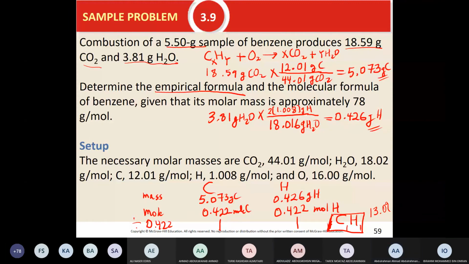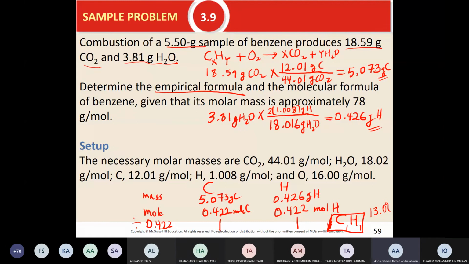Clear? Yes. Are you following? Yes. Okay. Now, how am I supposed to know if it was carbon and hydrogen and oxygen? Doctor, we took an example before about CHO plus O2 as combustion at the start of the class.